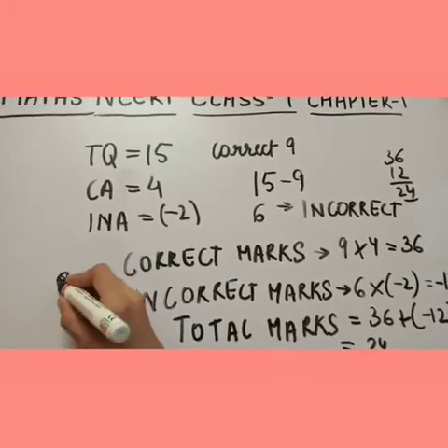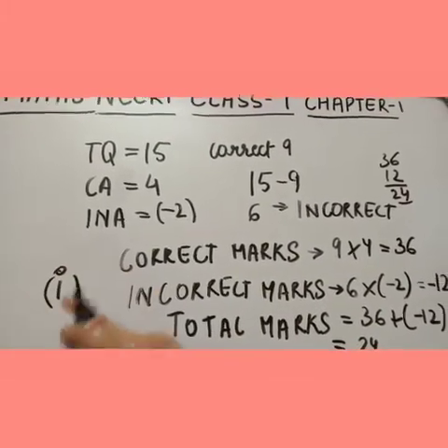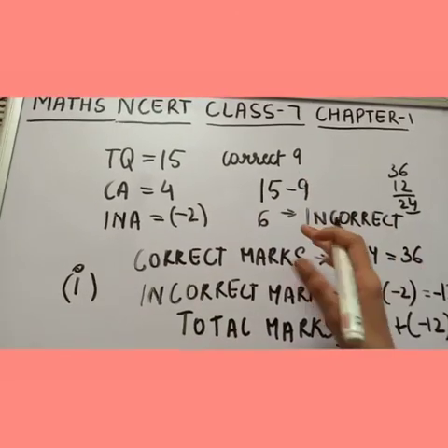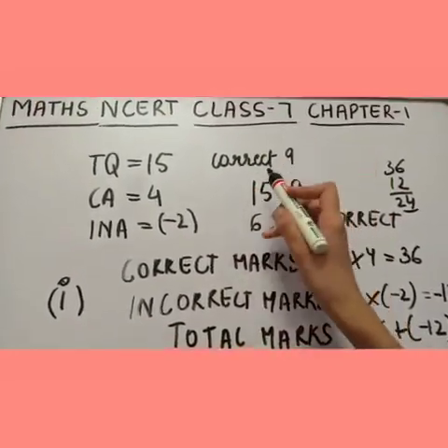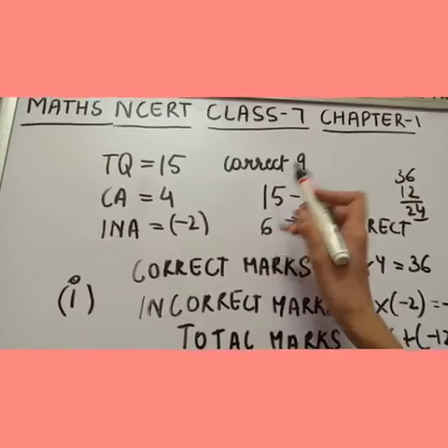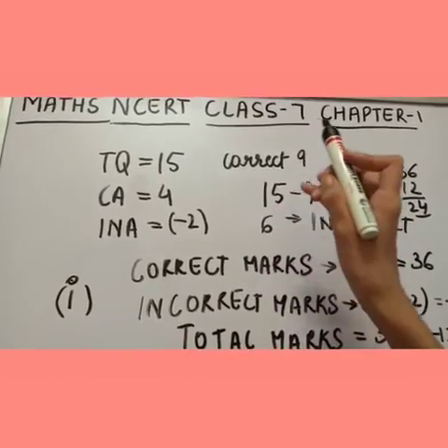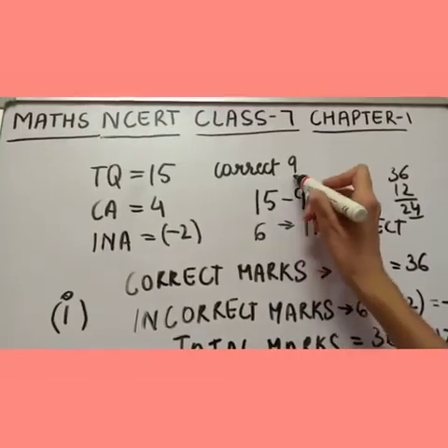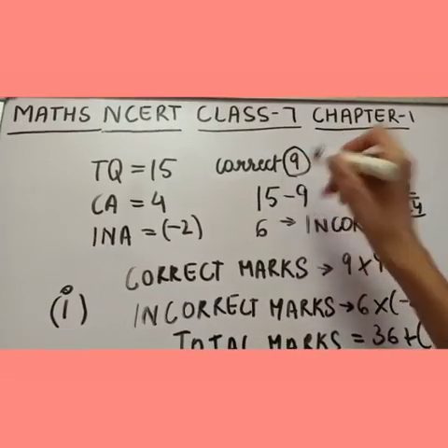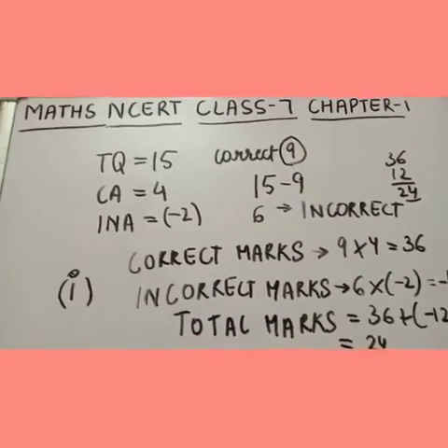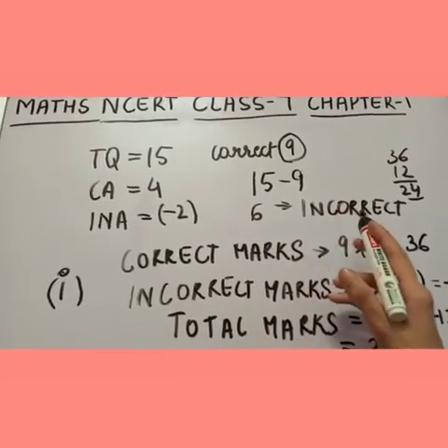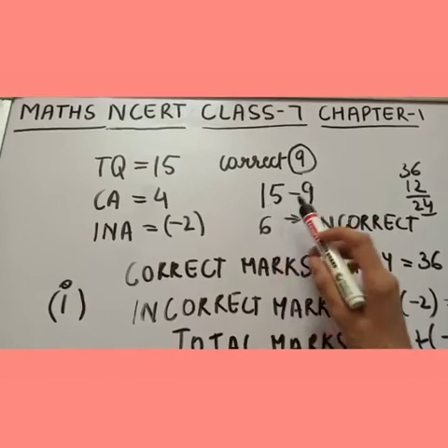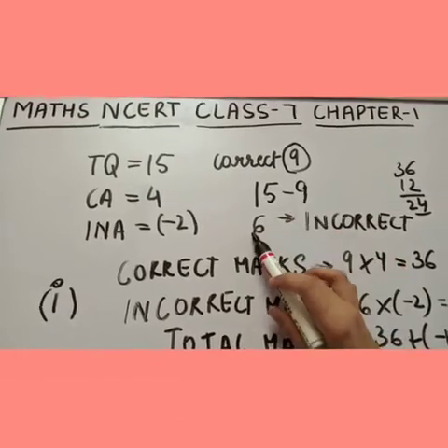You will write down the first part and then you will write the statement. You will write the statement: the number of questions Gurpreet got correct, then you will write 9. Okay? After that, the number of questions Gurpreet got incorrect equals 15 minus 9 equals 6.